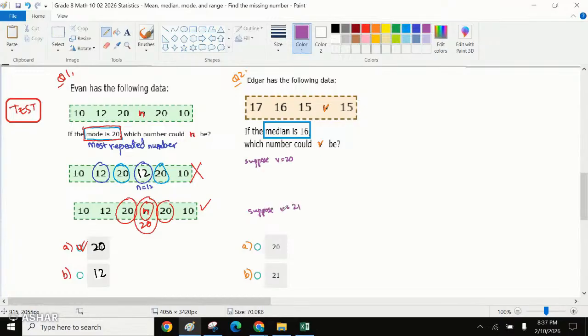We would suppose both the values, first option A, then option B. So if we suppose V to be 20 and we arrange it in ascending order, can we say 15, 15, 16, 17, and 20?